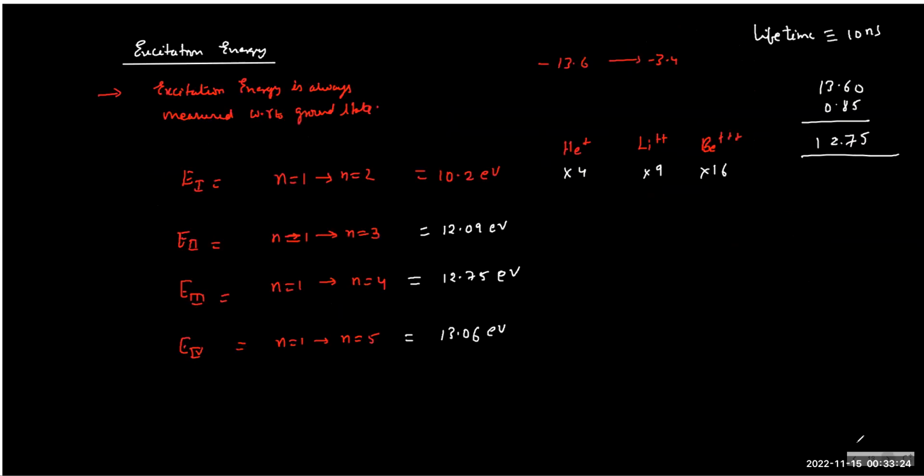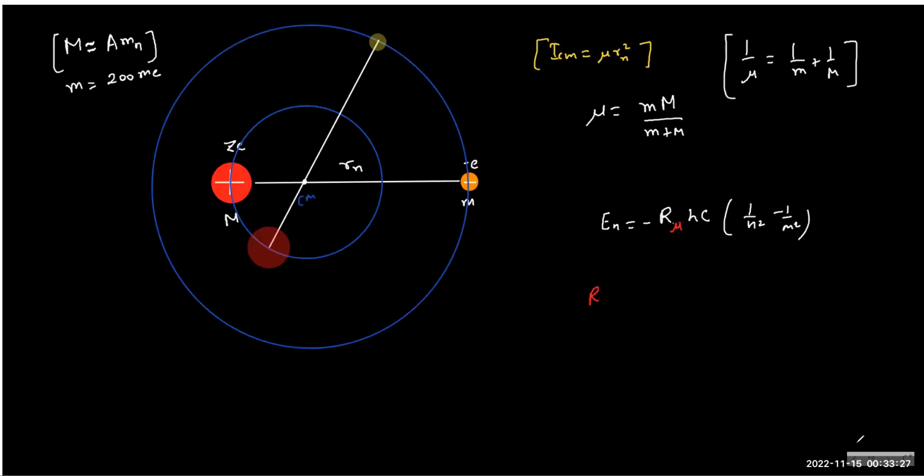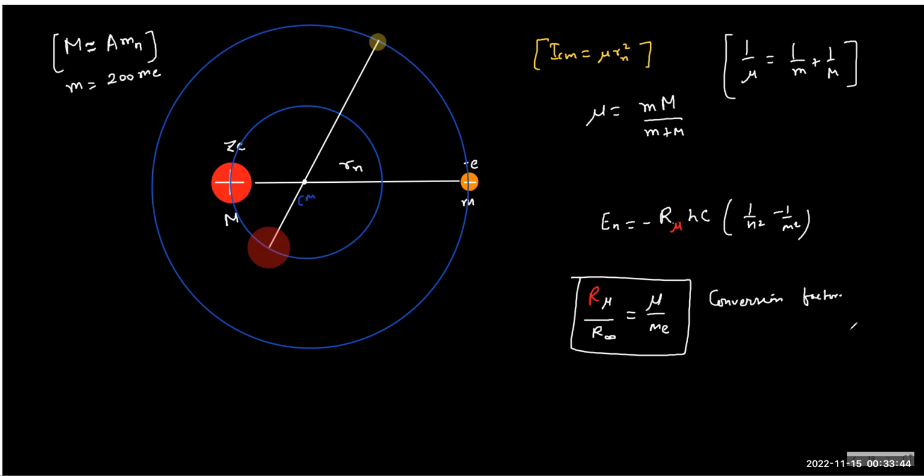So what you will realize is that we multiply by mu: R mu upon R infinity is mu by m. That's it. This is the conversion factor. In fact, I can give you this as homework. You can try at home to derive the formula from scratch, and you will get this answer.